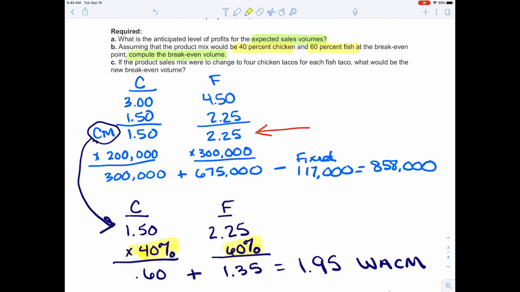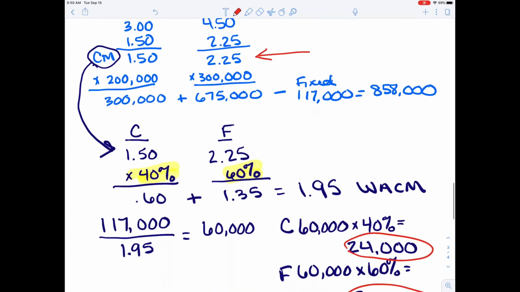But now what if they tell me the same information, but they're giving me a little bit of different variety here? They're telling me if my product sales mix were to change to 4 chicken tacos for each fish taco, that means that I have a 4-to-1 ratio. And I'm going to use this then to find out my new break even.